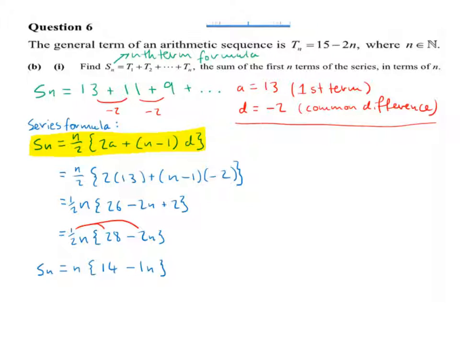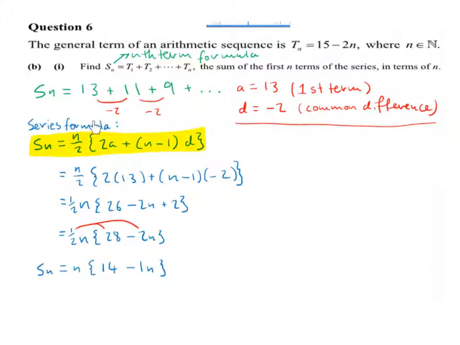So we already worked out the first 3 terms of our sequence, which were 13, 11, and 9. So we write them out again, but with pluses in between. So we have Sn equals 13 plus 11 plus 9 plus ... So we're going to get our Sn formula, our sum of series formula, which is pretty much going to come up with a formula for us for this particular sequence.